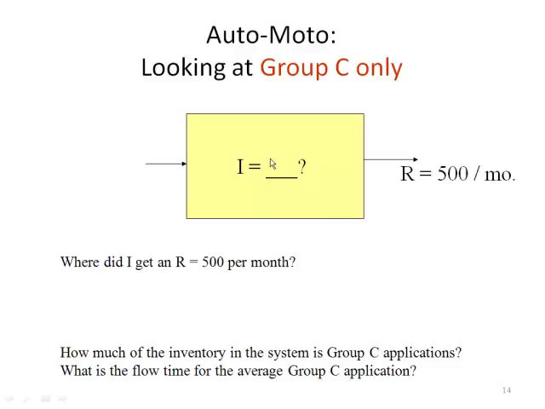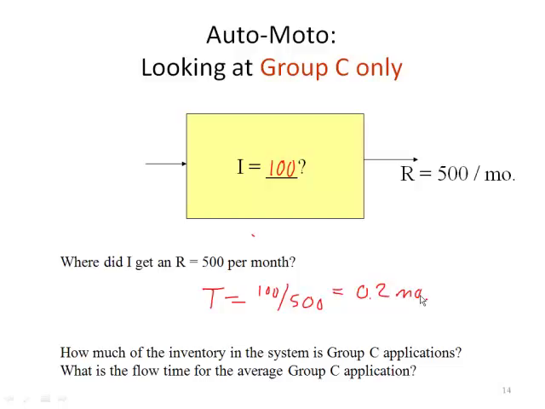The only inventory I have for the C is in the initial review. So what is the flow time for the average Group C application? It's going to be 100 divided by 500, which comes out to be 0.2 months.